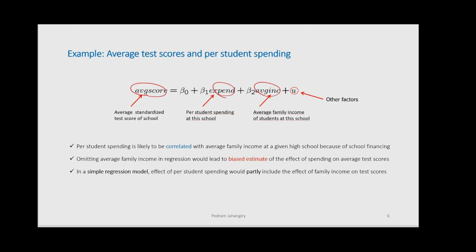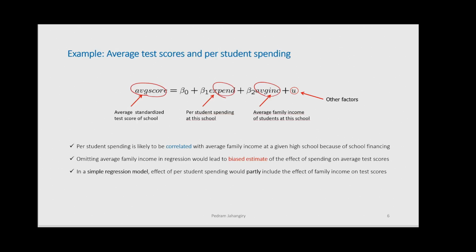So again, this makes perfect sense. Imagine you want to see the effect of average family income and the school expenditure per student on their average score. What do you think in terms of the sign of beta 1, beta 2? Most probably both of them are positive. But what's the idea of this example?